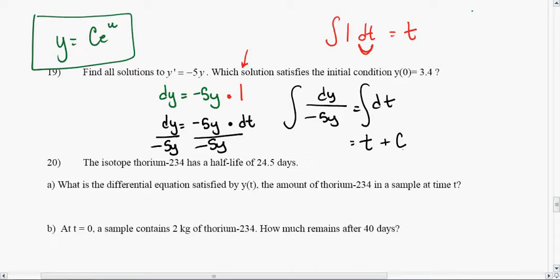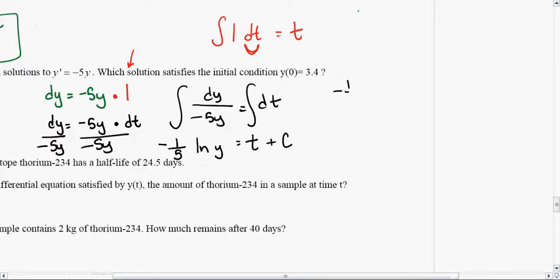Over on the left-hand side, you probably recognize that we've got a logarithm happening here. So I'm going to pull out the negative 1/5, and then I would just have dy over y, and the integral of dy over y is just ln of y. There's also a plus c on this side, but I'm going to lump it in with my plus c over on the right.